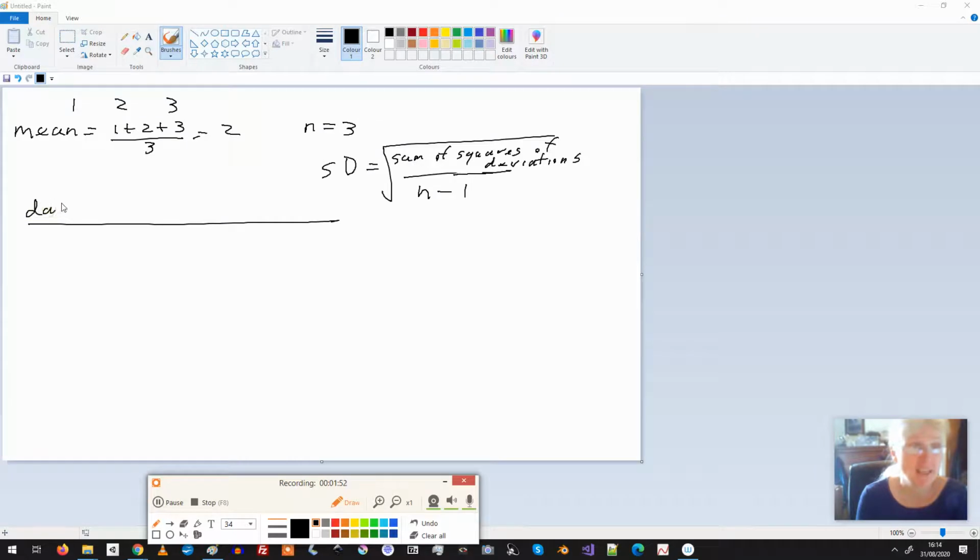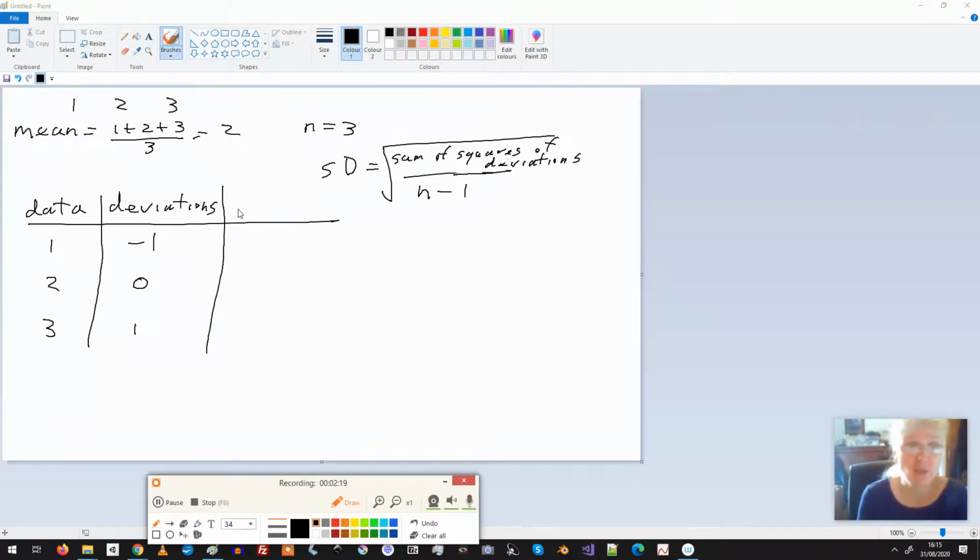So we've got the data, which is 1, 2 and 3. We've got the deviations. 1 is 1 less than the average, so that's minus 1. 2 is the same as the average, it doesn't deviate, so that's 0. And 3 is 1 more than the average, so that's a 1.